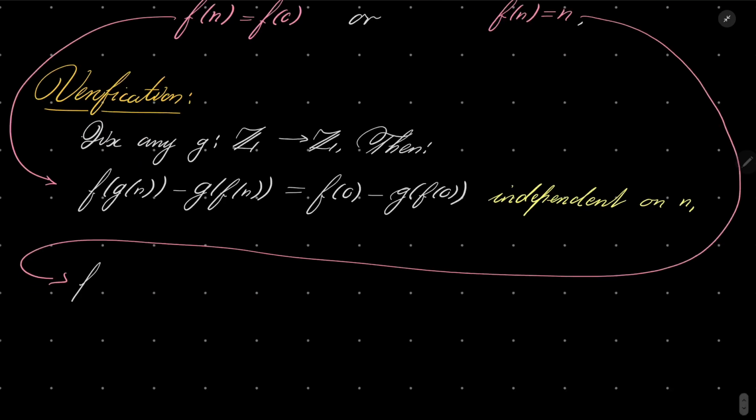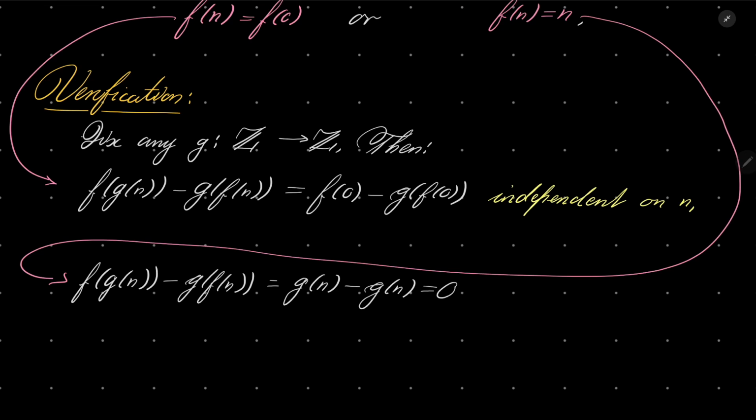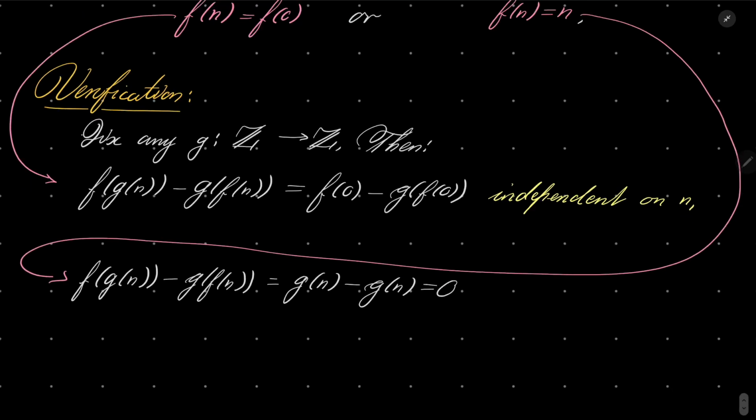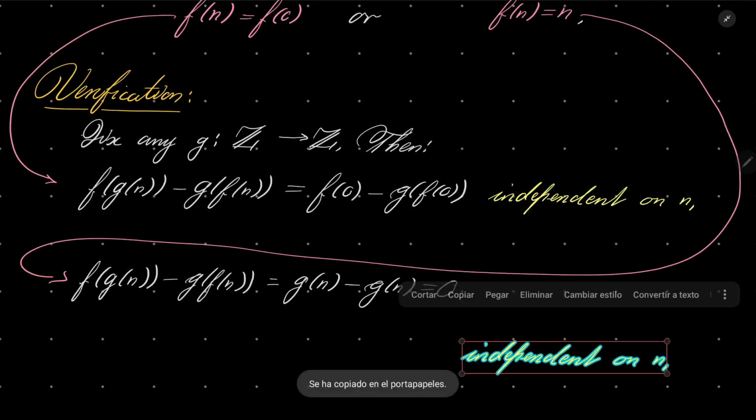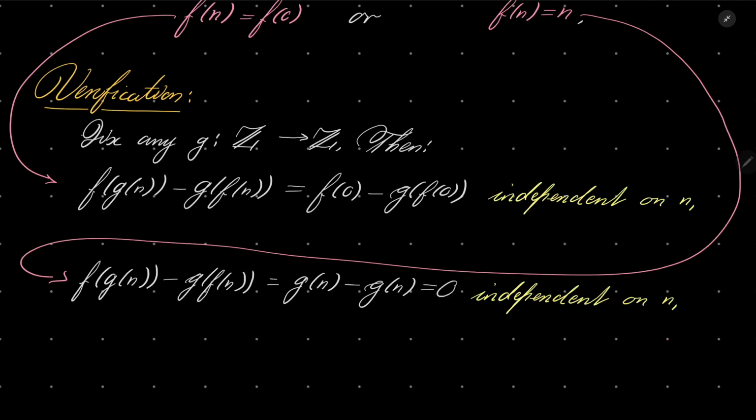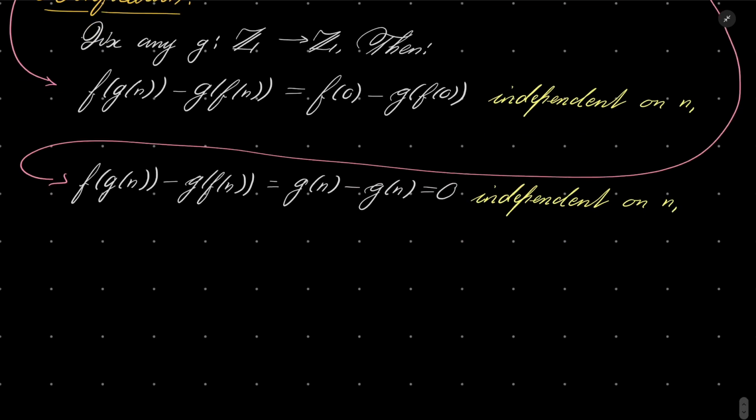In this second case, f of g of n minus g of f of n. Well, our function is identity, so we have g of n minus g of n, which is 0, obviously also independent of n. Which is all well and good. So we have just two solutions. Not just two solutions, we have infinitely many solutions.